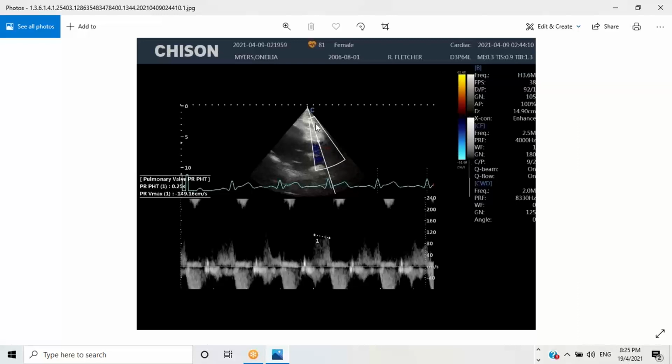So it's moving towards the transducer, so it's going to give you an envelope above the baseline. So pulmonic insufficiency is a diastolic flow from the end of the T wave to the QRS. So it's a diastolic flow which is above the baseline, and that is because the flow is moving towards the transducer. Okay?